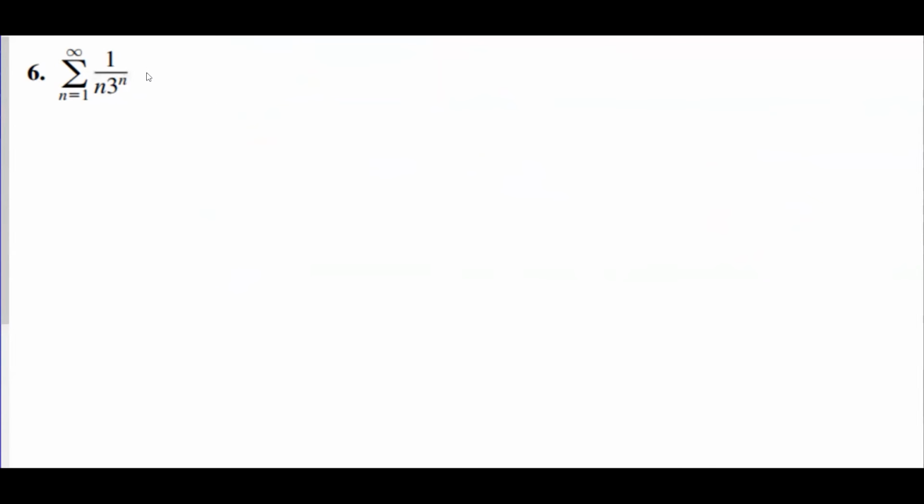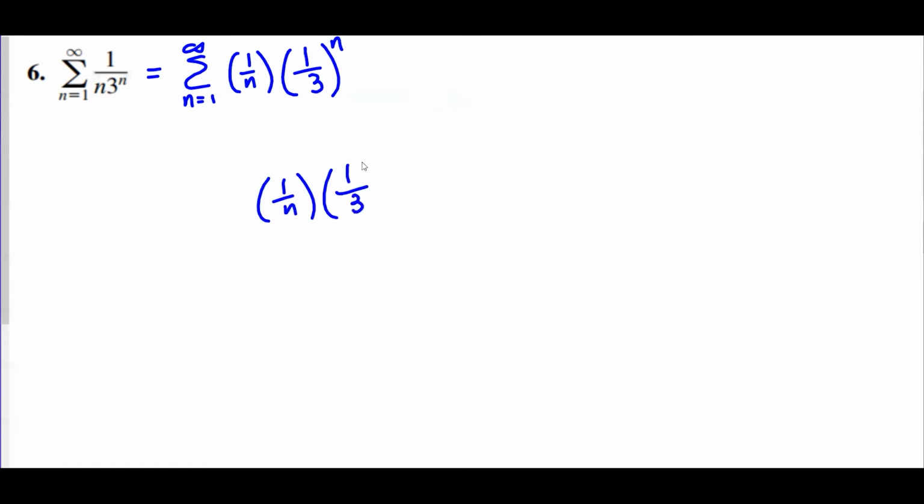All right, so this one, let's call this 1 over n times 1 over 3 to the n. Let's compare 1 over n times 1/3 to the n to just 1/3 to the n.